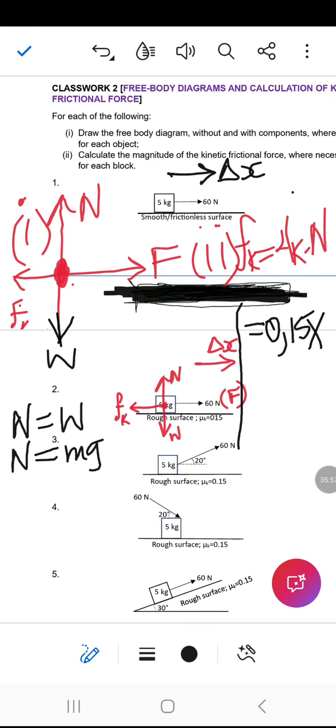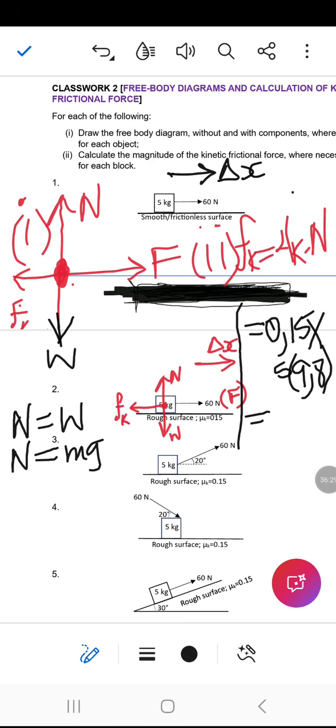So here Fk is equal to the coefficient of kinetic friction multiplied by mg. The mass we are given is 5, multiplied by g, which is constant, 9.8. You can use your calculator here. Fk is going to be 0.15 multiplied by 5 multiplied by 9.8.